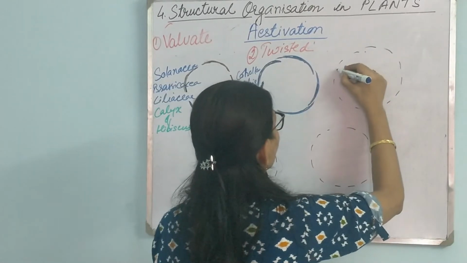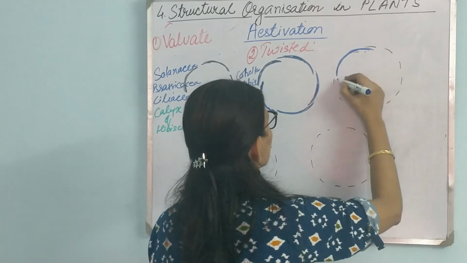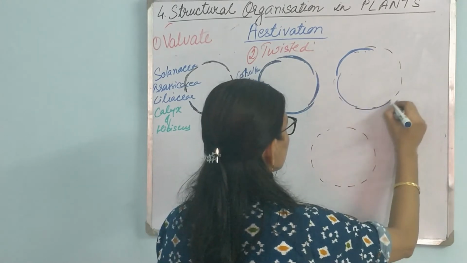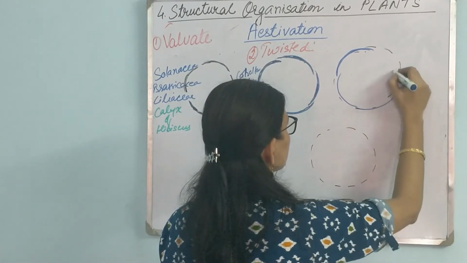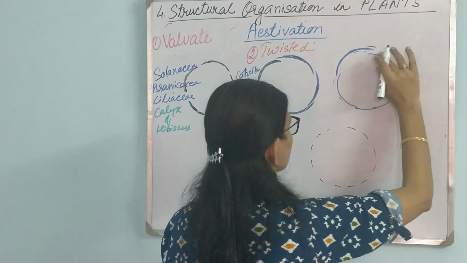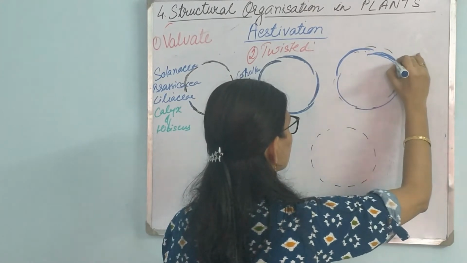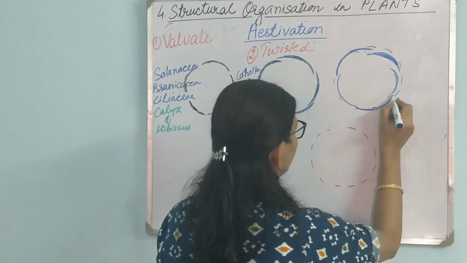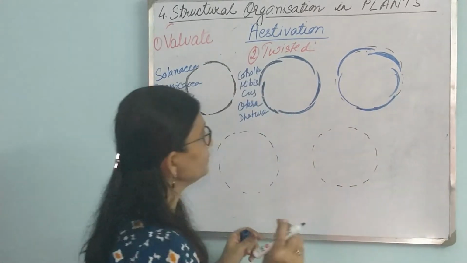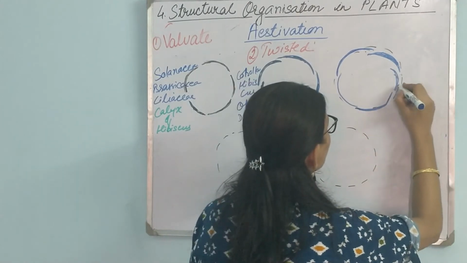Third type is something like this. Here we see that one of the members is totally inside.